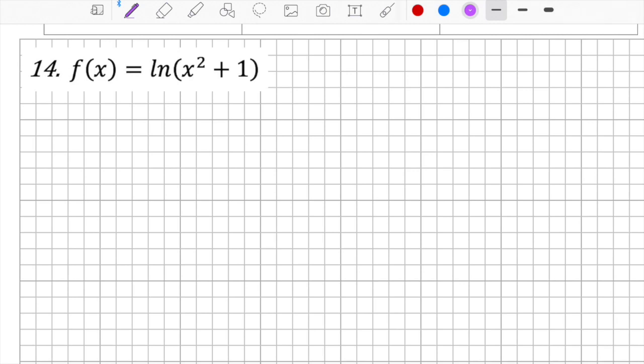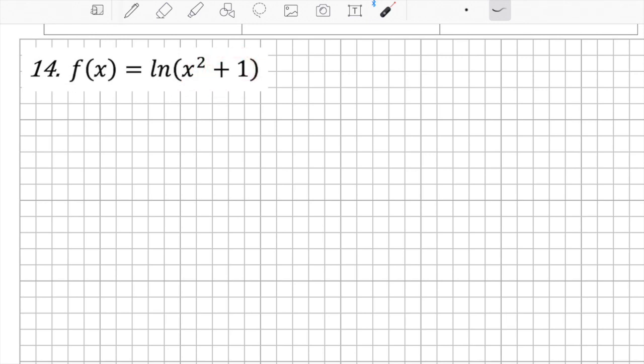Okay, last two. Again, determine where the function is continuous. Notice right away that it's a logarithm. For a logarithm, the domain, or the inside here, has to be always greater than 0. The first thing I look for is the x. Notice that this is x squared, so it doesn't matter what value of x I plug in, I'm going to square it.